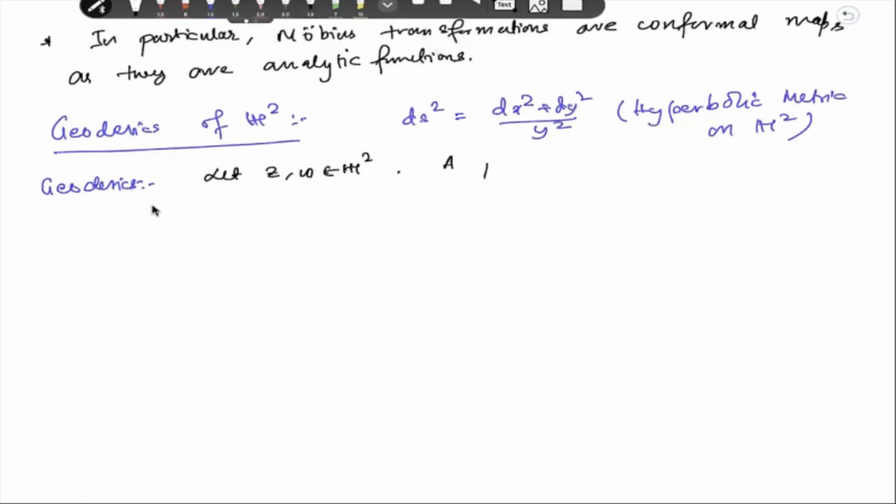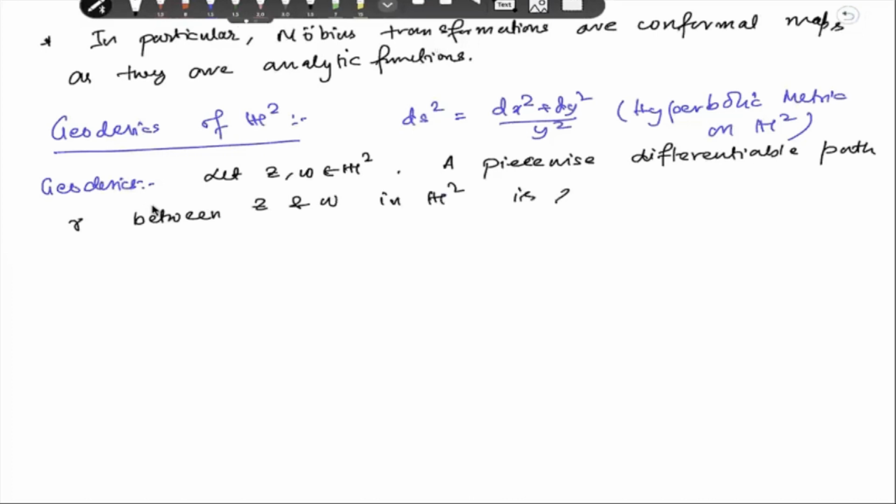A piecewise differentiable path gamma between z and w in H2 is said to be a geodesic if the length of gamma is equal to the distance between these two points z and w.